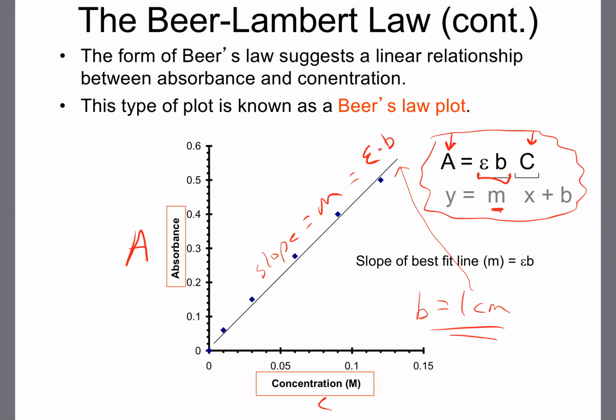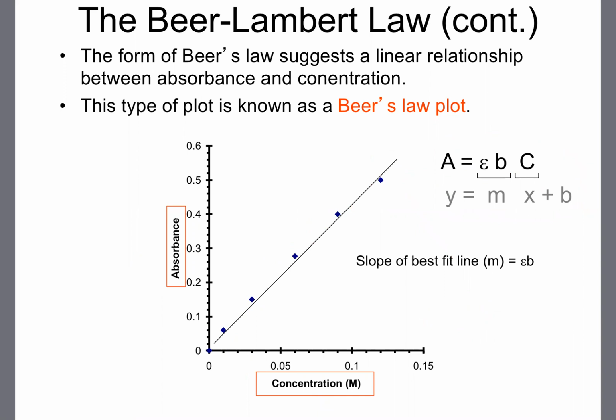So what you do to derive or figure out this relationship is you go in lab, you make yourself a blank, and then you make yourself several standard solutions of increasing concentration. You measure each of them on your spectrophotometer, and then you just make a plot in Excel. It's as simple as that. That's your calibration line. So this type of plot is given a special name.